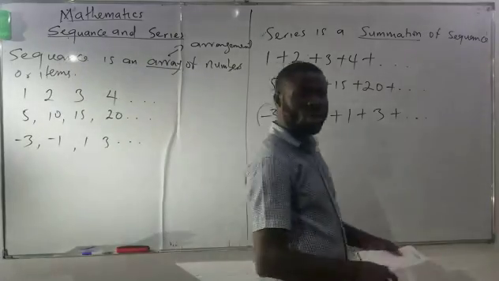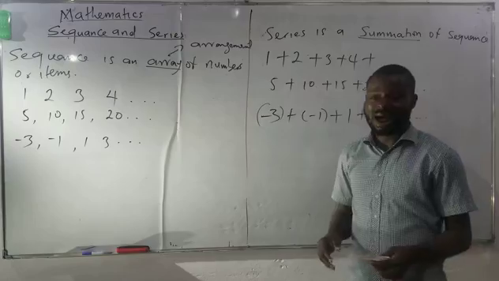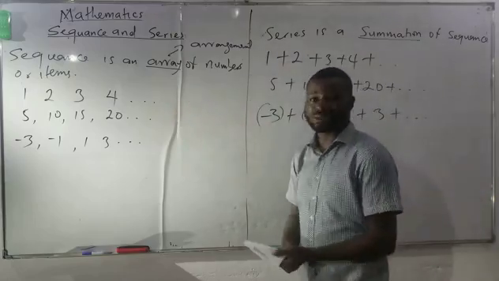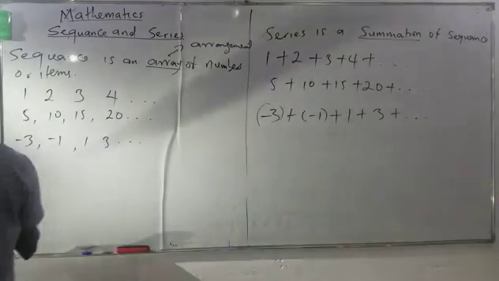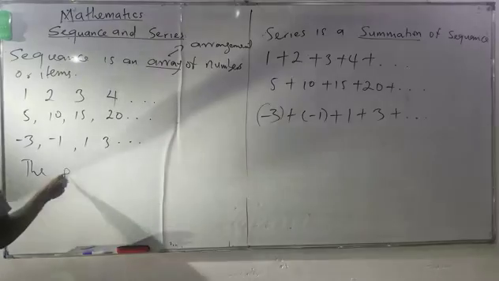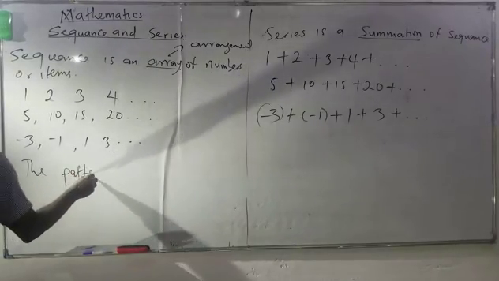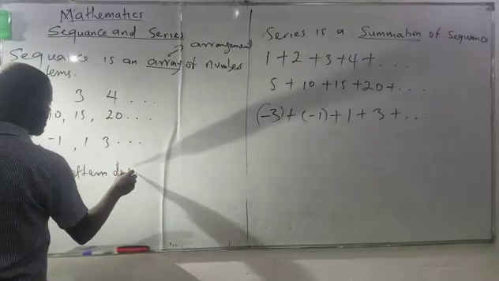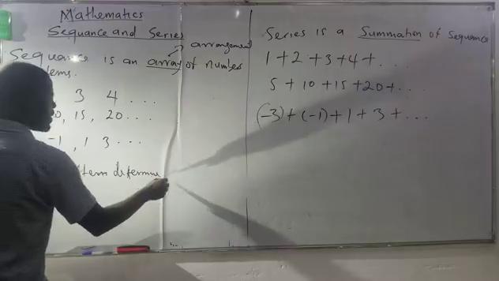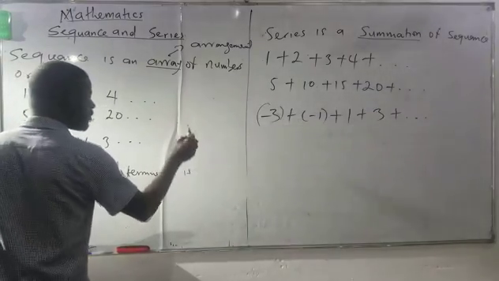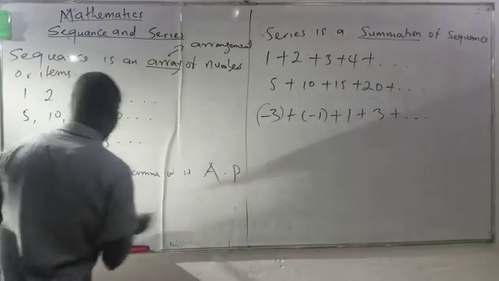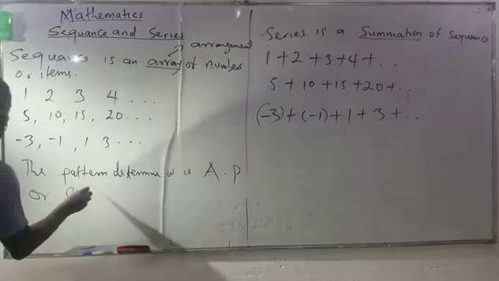Mind you, this is a sequence and this is a series. Let me now quickly explain that the pattern of the arrangement determines whether it is arithmetic progression or geometric progression.